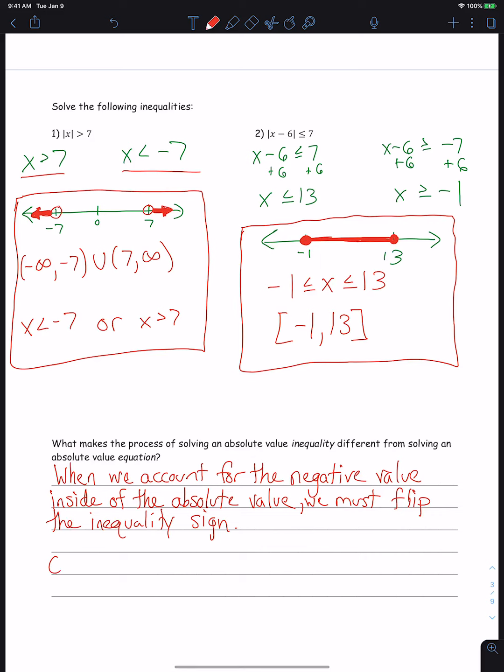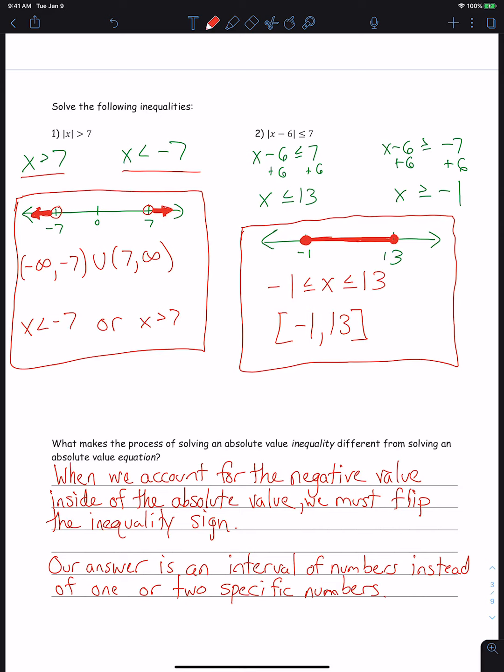So our answer is an interval of numbers instead of 1 or 2 specific numbers.